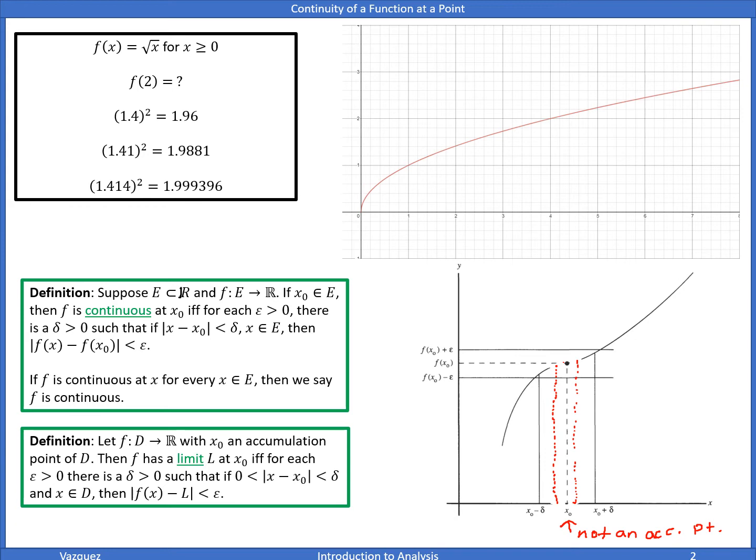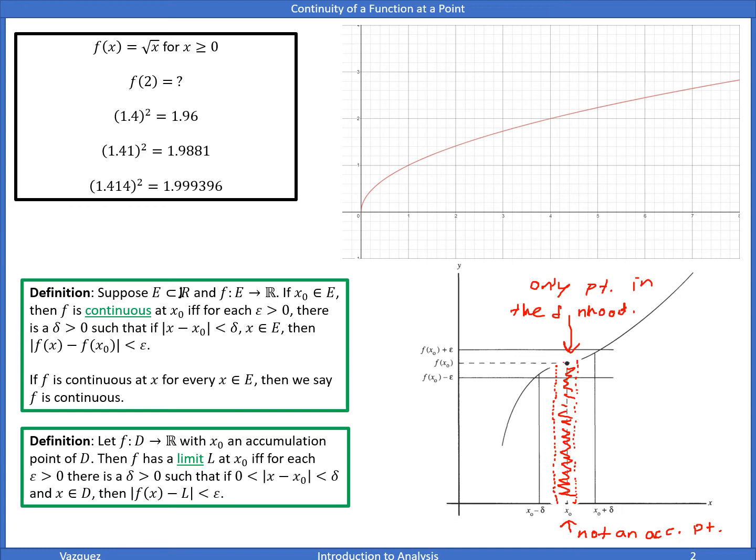Well, because if we chose this delta neighborhood of x naught, well, x naught is the only point in the neighborhood. Right, that's the only point.